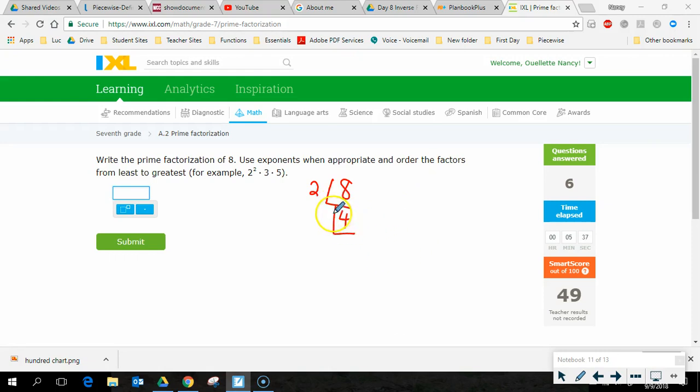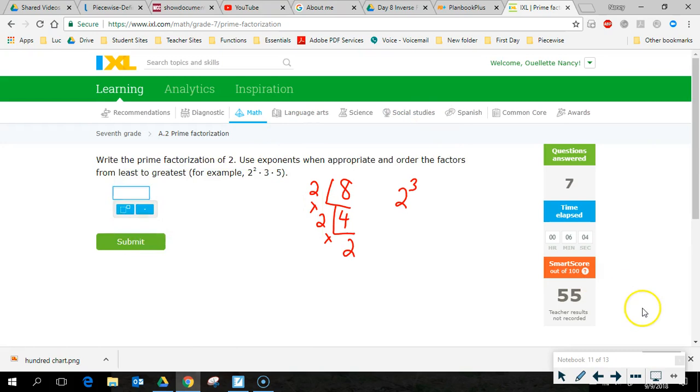Lowest prime number that will divide into 4 is 2. 2 into 4 is 2. Well, I've ended with a prime number here, so I can stop. My prime factorization is 2 times 2 times 2, or 2 to the 3rd power, 2 cubed. So that is my answer, 2 cubed. 2, and then my exponent, 3.